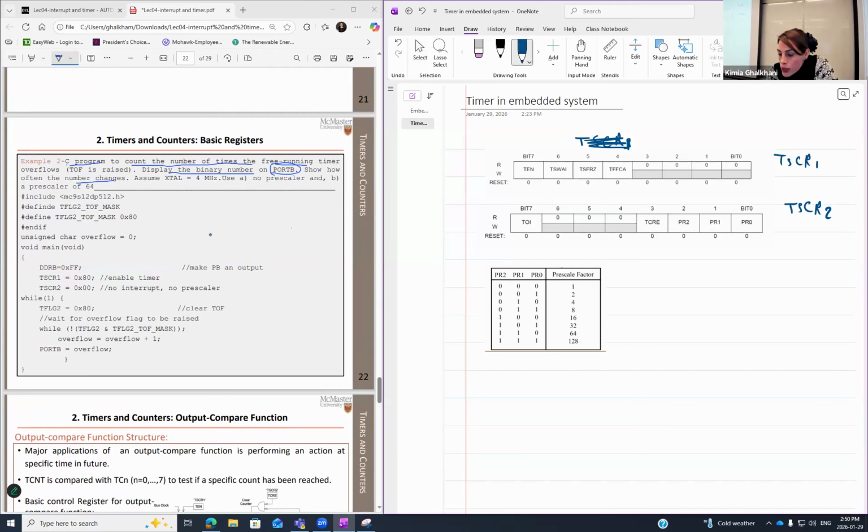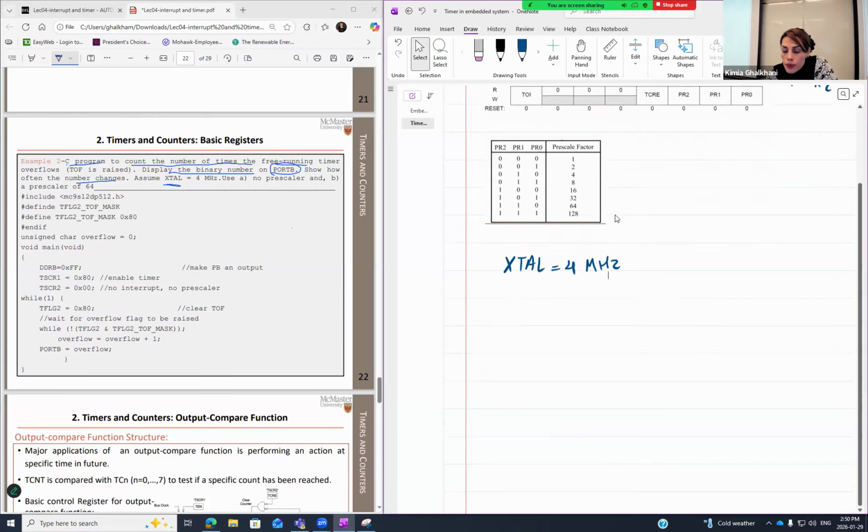From the example in here, it's already given. XTAL means exactly the same crystal frequency. I summarize it in here. XTAL is given as 4 megahertz, right?